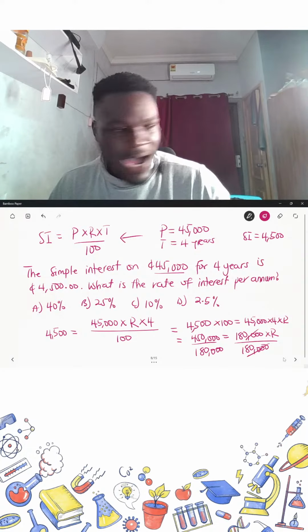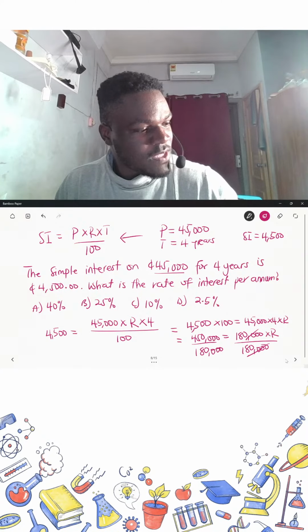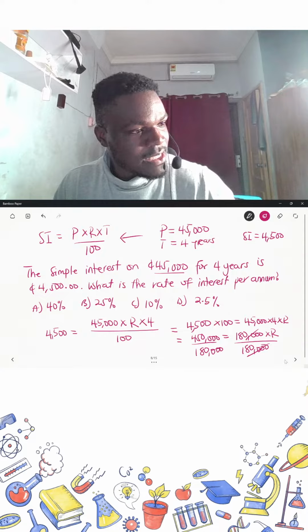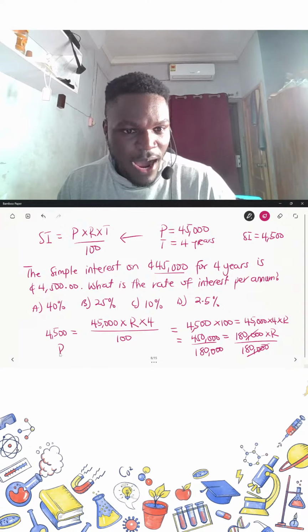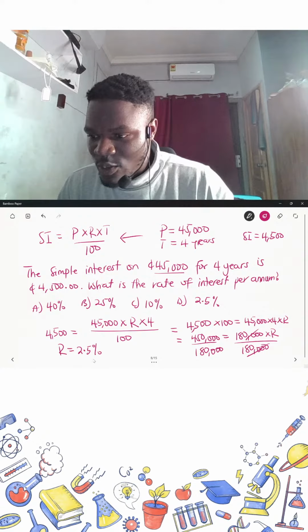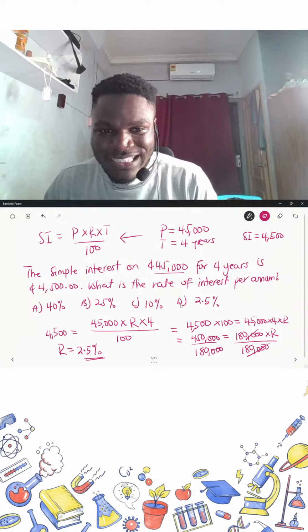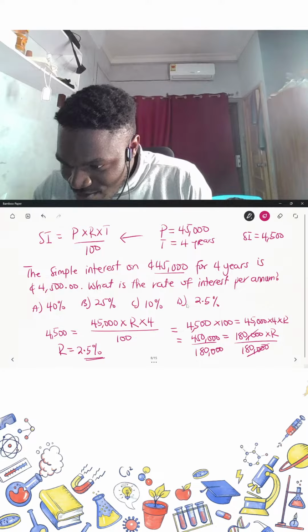So the R, which is our rate, will be equal to 450,000 divided by 180,000, and that is equal to 2.5. So our R is 2.5, and then we just add percentage. So the R is 2.5%, which is option D. And so therefore, Olu is right.